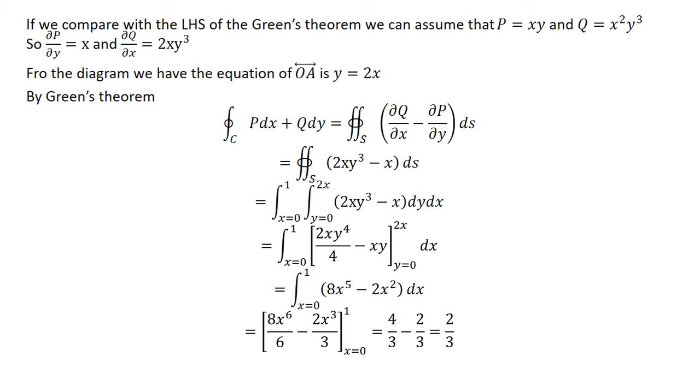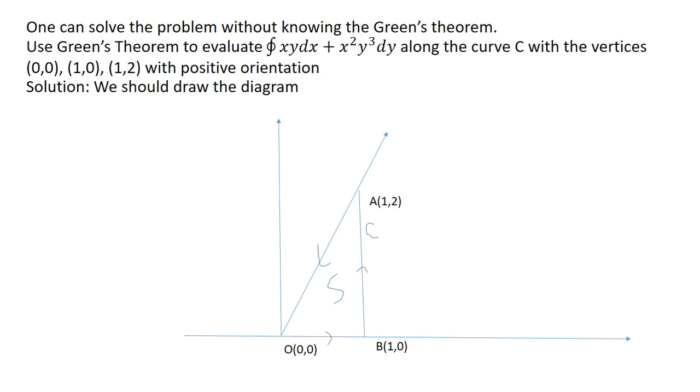But this problem can be solved without Green's theorem. Look, this was the problem, and we need to move from O to B, B to A, and A to O. So one can solve the problem without knowing Green's theorem. Our problem is xy dx plus x square y cube dy, and the curve is placed in the diagram. Whenever you have the curve, you can integrate easily.